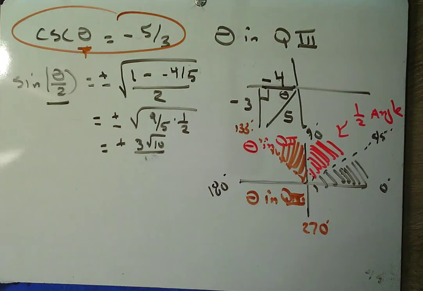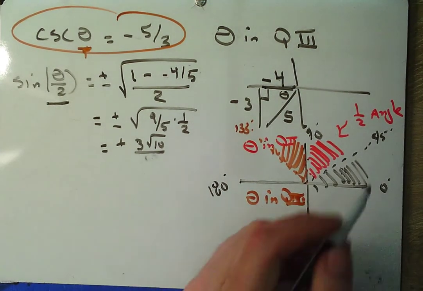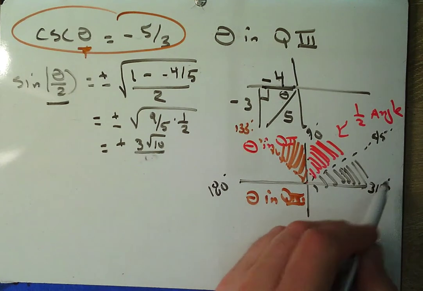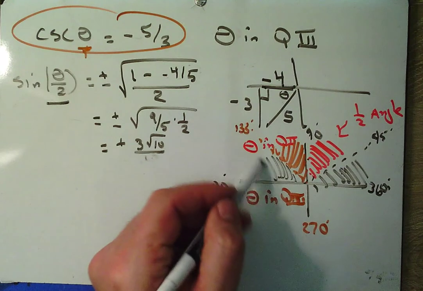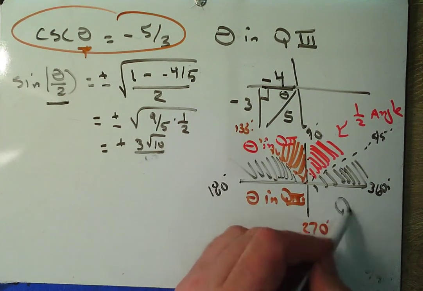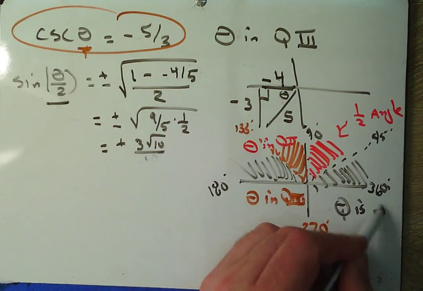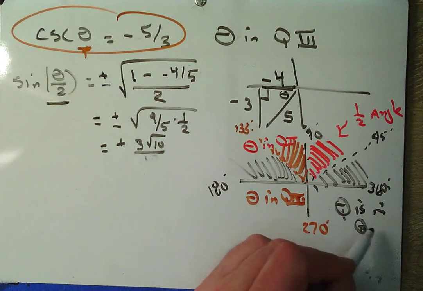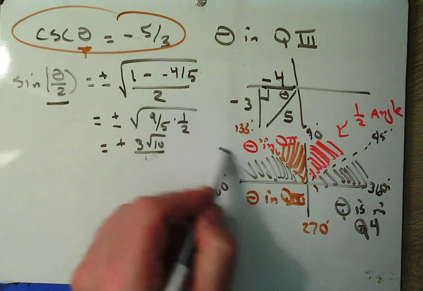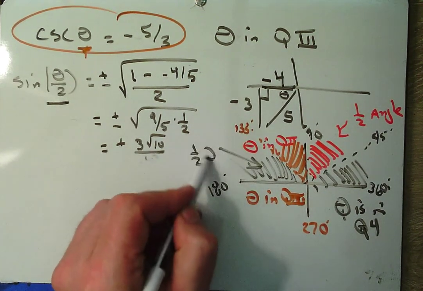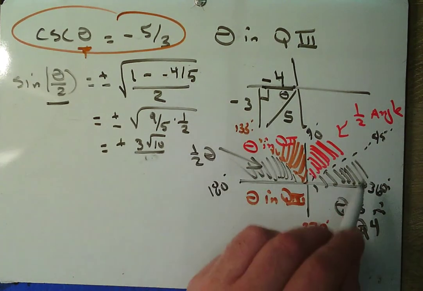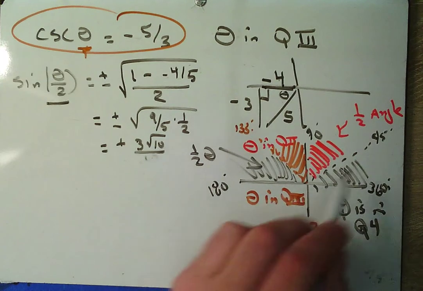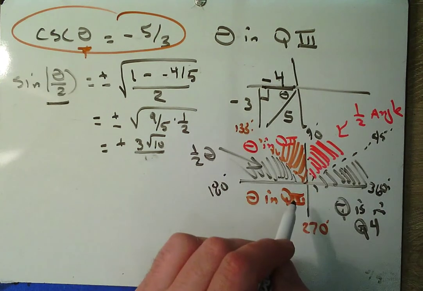Let's finish this conversation though and say, what happens if I come to 360 degrees? Half of 360 is 180. And so if theta is in quadrant 4, then this is where half of theta lives. So all my half angles live from 0 to 2 pi, 0 to pi according to this picture.